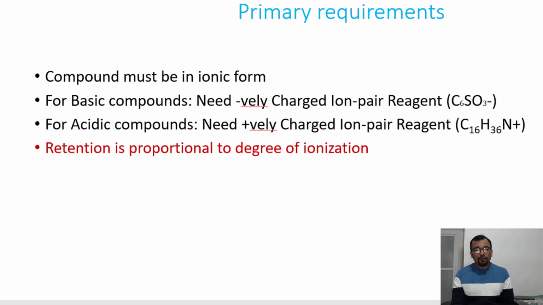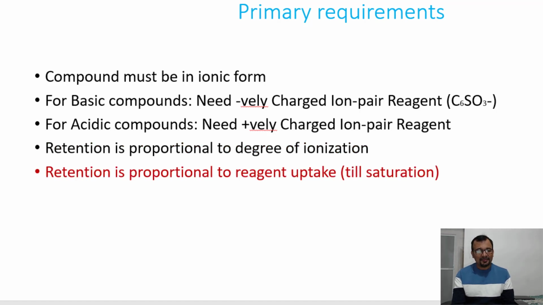Now retention is proportional to the degree of ionization. So the more ionized the compound is, the more it will get retained in the presence of ion pair reagent. The next point is retention is proportional to reagent uptake, that is saturation. The retention of the compound will be proportionate to the uptake of the reagent onto the stationary phase.